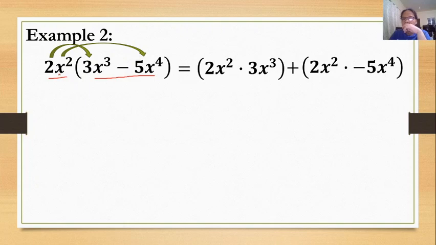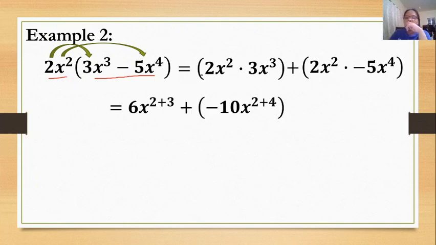If it involves numerical coefficients, multiply the numerical coefficients first. 2 times 3 is 6, and since they are the same variable, you just add the exponents 2 plus 3. Next, multiply 2 and negative 5. So we get negative 10 here.